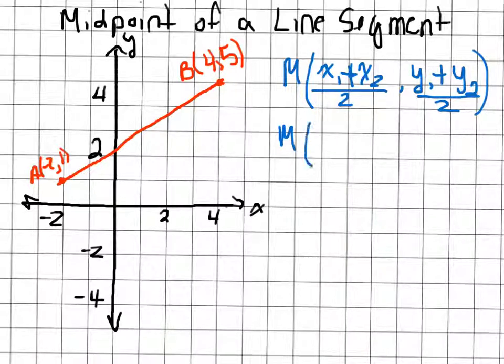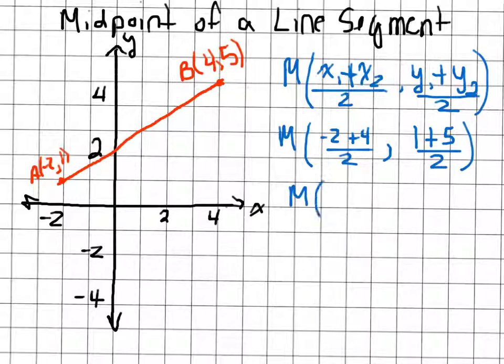So we have the midpoint is -2 plus 4 divided by 2, and 1 plus 5 divided by 2. That gives us 2 over 2 and 6 divided by 2.